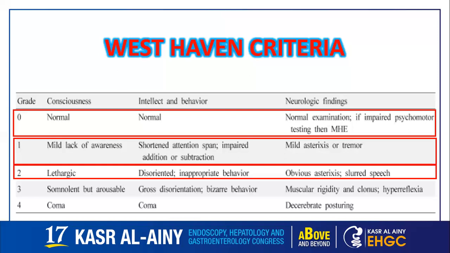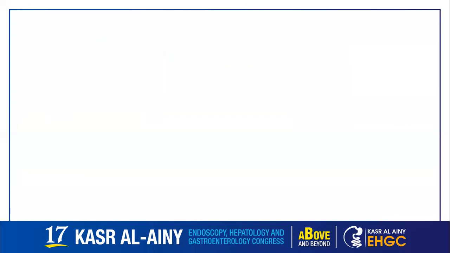This is the most common form we face in clinical practice of hepatic encephalopathy. More advanced forms, like grade 3, where the patient is somnolent but arousable, with gross disorientation and bizarre behavior, with some rigidity, clonus, hyperreflexia, and of course asterixis is there. Coma is grade 4, where the patient is comatose with decerebrate posturing, and of course we cannot elicit the asterixis in such situations.